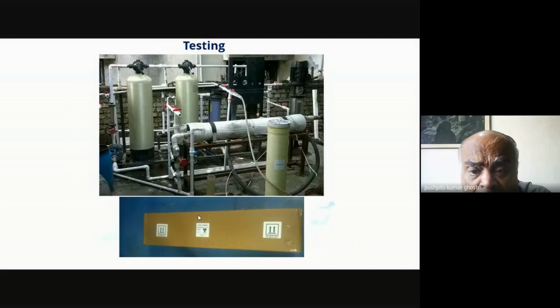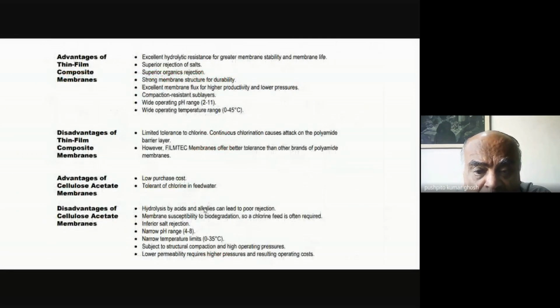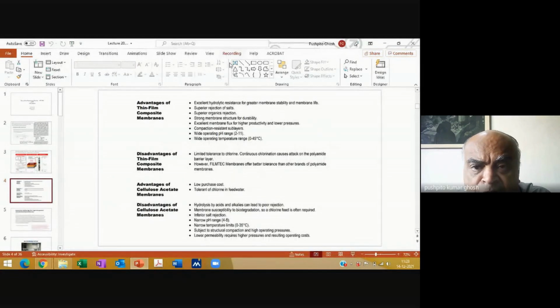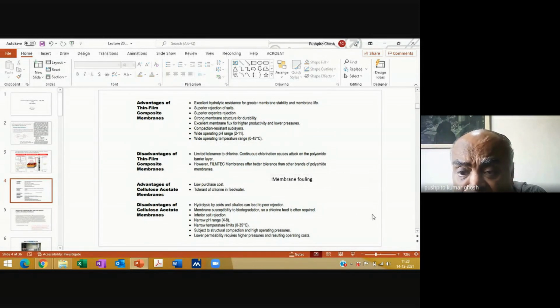By the way, I must come back to this, and I find that all of them have glossed over one very, very important issue, and I'll put it down and call it membrane fouling. This is the biggest problem in membrane technology.